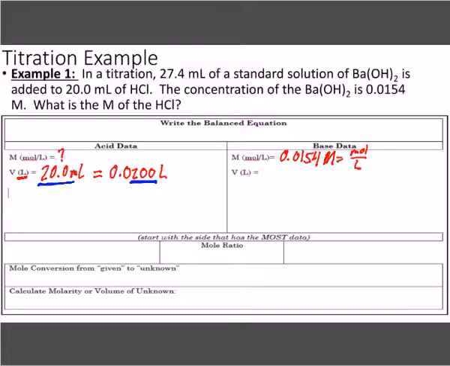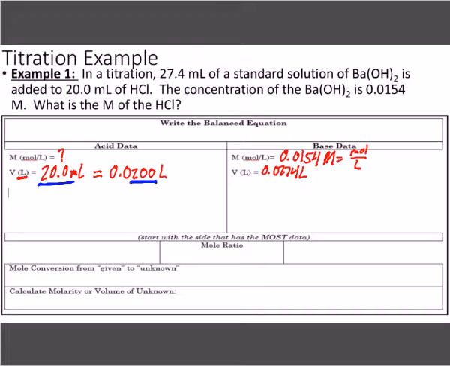What's the volume of my base? 0.0274 what? Liters. Have I done anything crazy yet? All I've done is write down my information. The only conversion I've done is go from milliliters to liters, which should be a piece of cake at this point in the year.